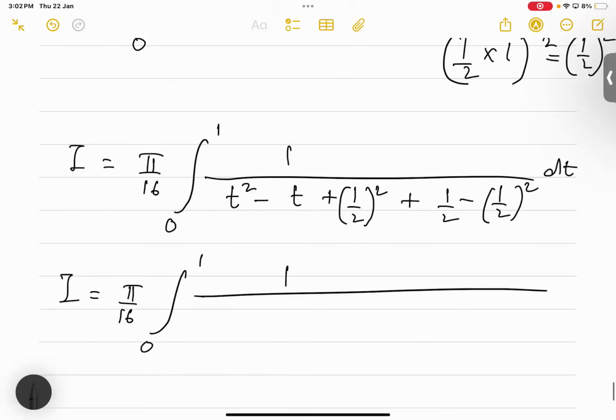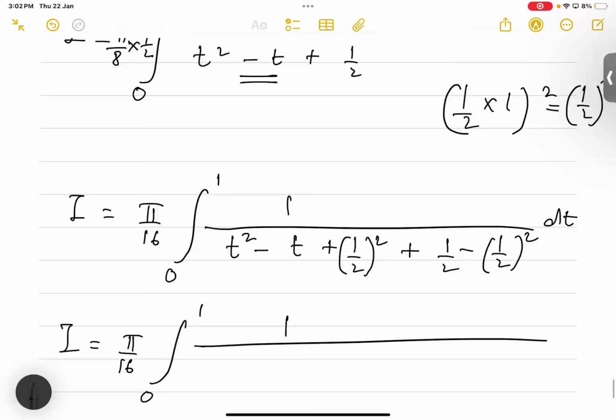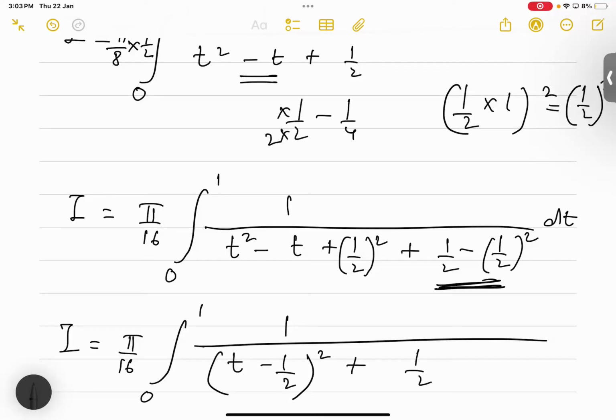Come on, tell me the first 3 terms, anyone? t minus half the whole square. What is 1 by 2 minus 1 by 4? It is plus 1 by 2, right? 1 by 2 plus 1 by 2 minus 1 by 4. Okay, so it will be 1 by 4.